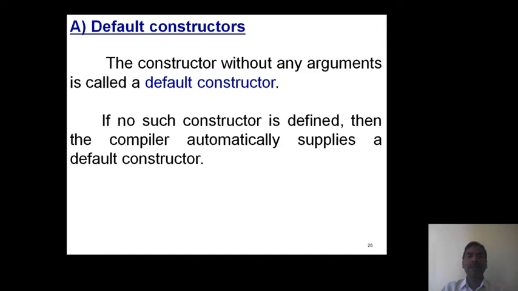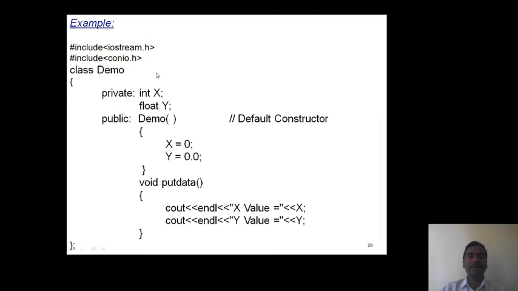If a default constructor is not designed while writing a program, then the compiler automatically supplies a default constructor. Let's see an example. Class demo, with two data members int x and float y, defined with the private access specifier.